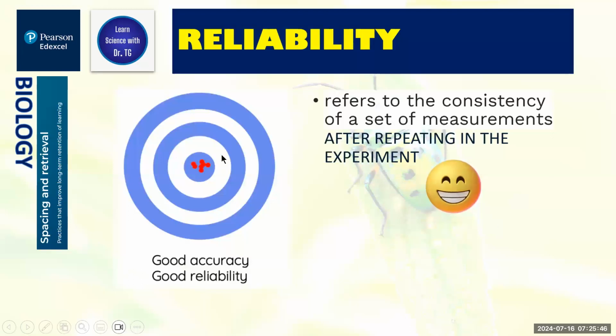You can see in this diagram, good accuracy, good reliability. Accuracy is when our measured values are very close to true values. You can see all these red dots are very close to each other, which means they're very close to the true value. And we have done this several times, and we say this is reliable because the experiment is repeated. With reliability, then we can draw a statistical conclusion.